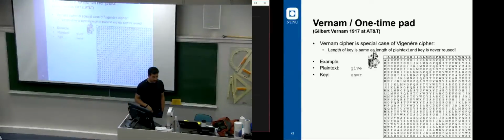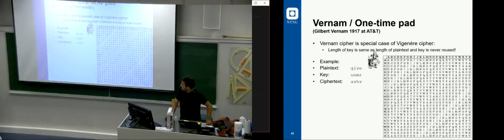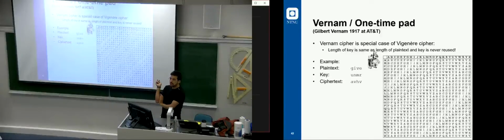We can decrypt what this is; this you already know. The ciphertext for this is AVHV. Can you see the ciphertext? Is this clear for everyone, how we came to know the ciphertext from this table?